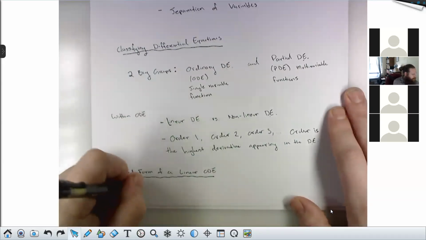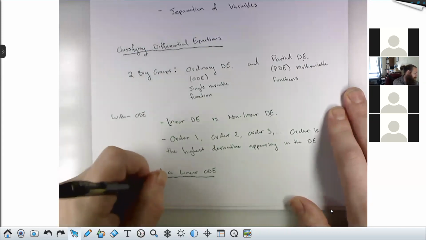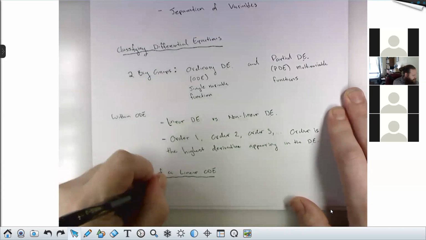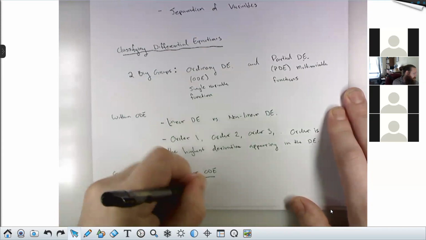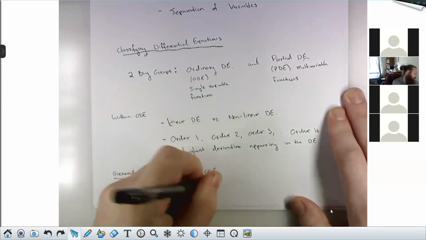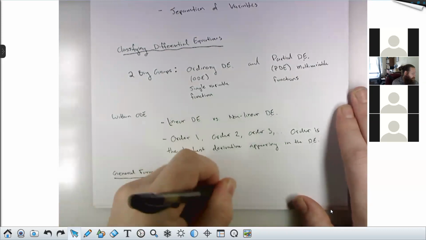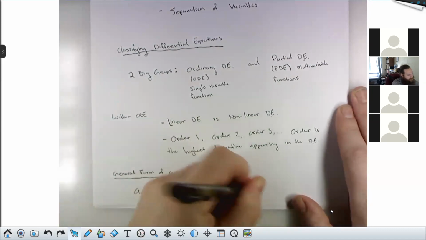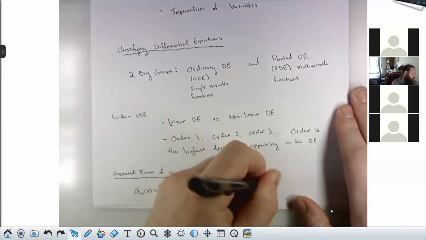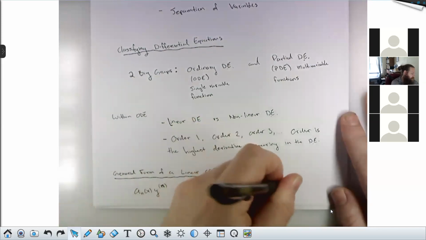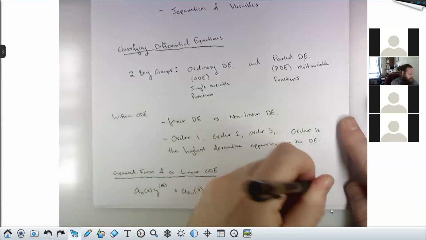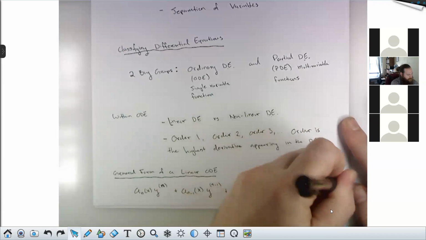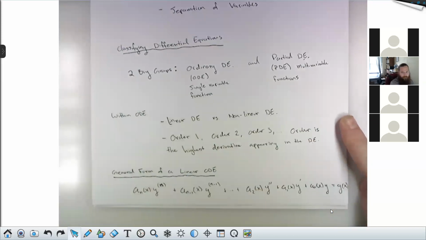You can also write it in terms of the prime notation as a_n of x times the nth derivative of y, plus a_{n-1} of x times the (n-1)th derivative of y. And then you'd get down to something like a_2 of x times y double prime, plus a_1 of x times y prime, plus a_0 of x times y, and this is equal to some other function, usually g of x.